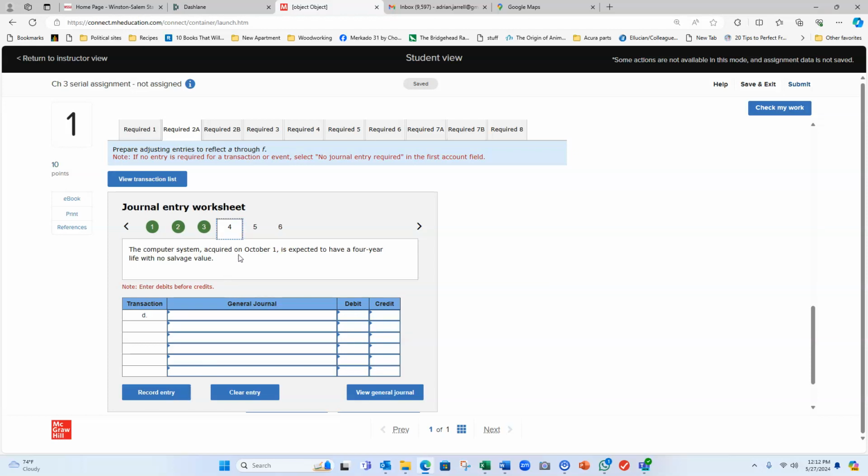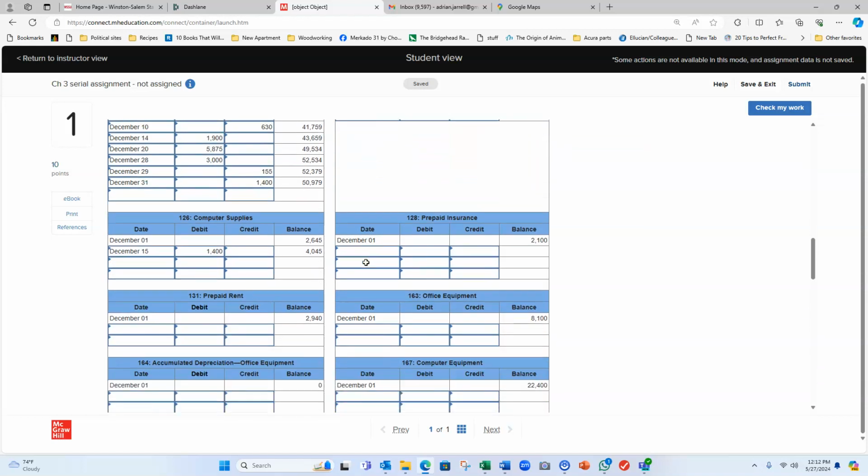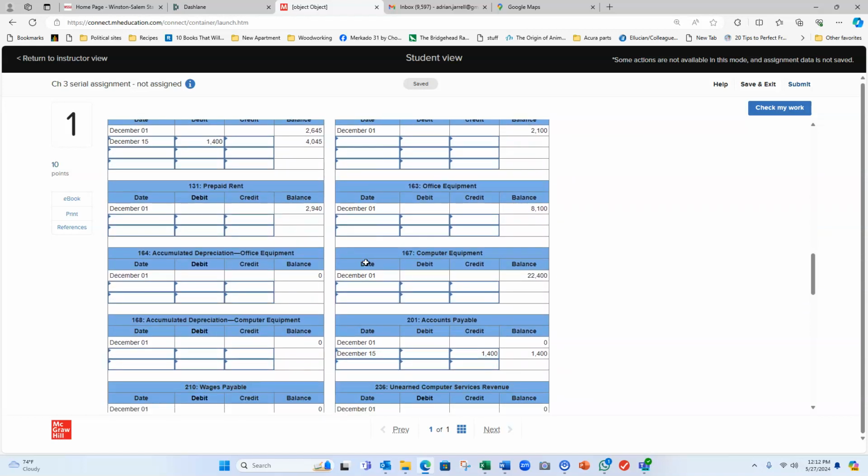Computer system acquired on October the 1st is expected to have a 4-year life with no salvage value. Well, go here, computer equipment. Computer equipment, $22,400. 4-year life, $22,400 divided by 4. That means we'd have $5,600 worth of depreciation every year.